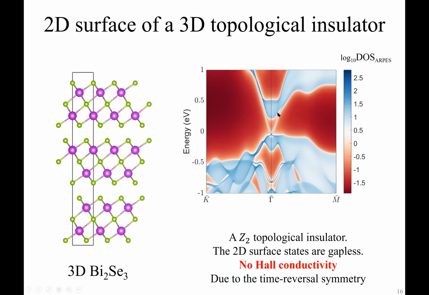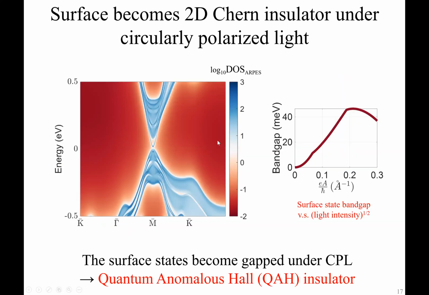So, for example, if you take a three-dimensional topological insulator bismuth selenide, then the surfaces are gapless. But because there is no magnetic element, there is no breaking of time reversal symmetry. But when you turn on circularly polarized light, that Floquet Van Vleck approximation will open up a gap, and you would have all the signatures of a quantum anomalous Hall insulator.